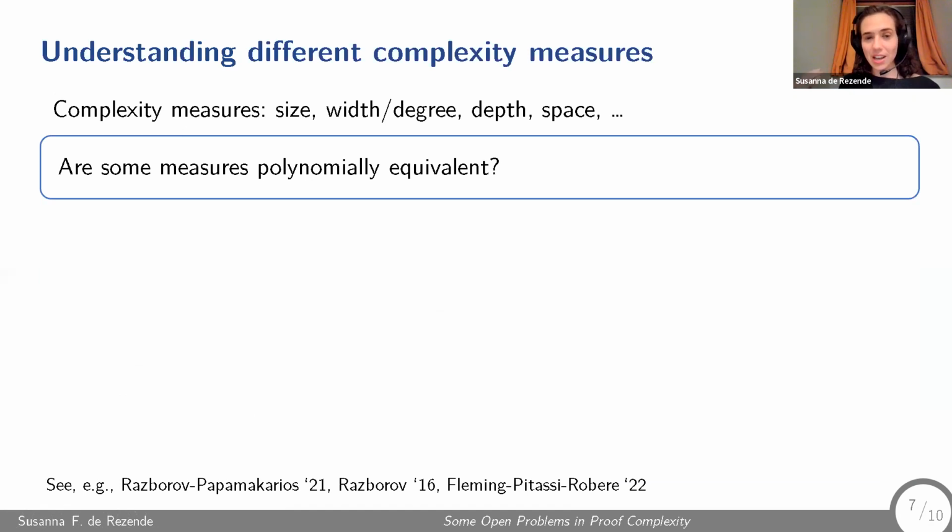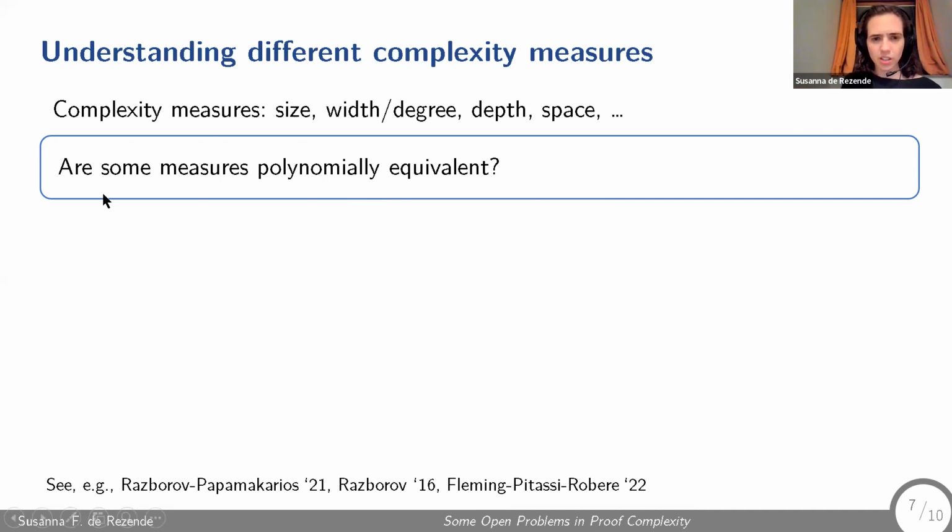Then there are several other complexity measures other than size. So we have width, degree, depth or space of proof. An interesting question is to understand if these are polynomially equivalent. There have been some results in this direction, but there are still open problems.